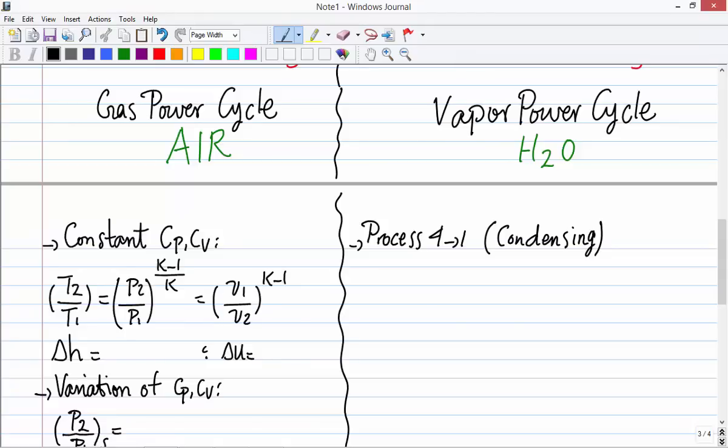And then CP and CV are constant, so it's safe to say delta H equals CP delta T, and delta U equals CV delta T.